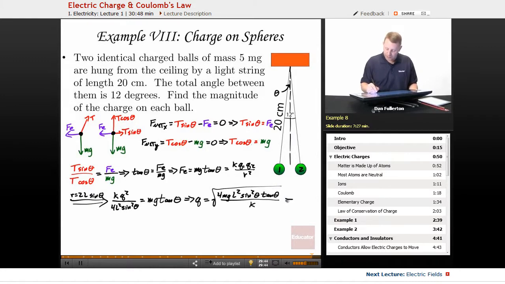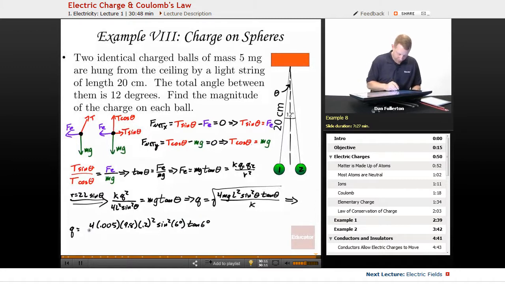So let's substitute in what we know. Q must equal 4 times our 5 grams, 0.005 kilograms, times g, 9.8 meters per second squared on the surface of the Earth, times our length, 0.2 meters squared, times the square of the sine of our angle, which is 6 degrees, times the tangent of our angle, 6 degrees, all over 9 times 10 to the 9th, K, newton meter squared per coulomb squared.